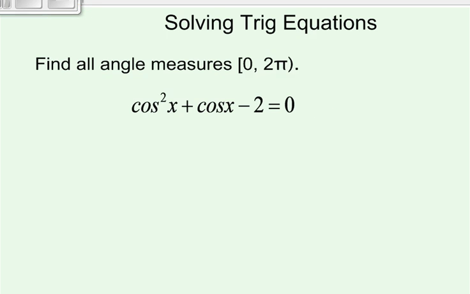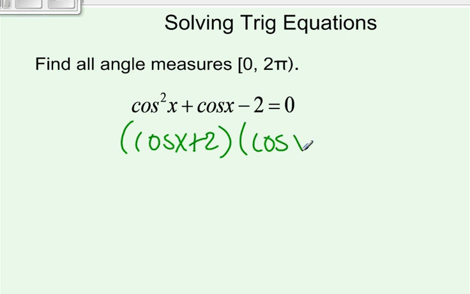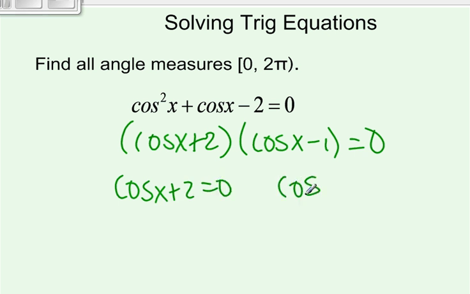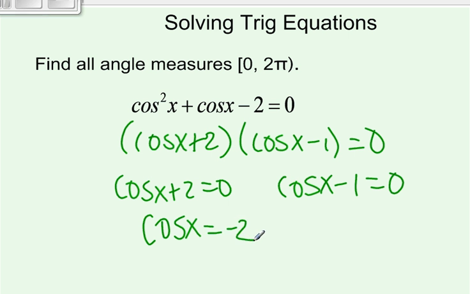All right, the last one here, again, you still have to factor, and when you factor, you're going to get cosine of x plus 2 and cosine of x minus 1. Okay, so cosine of x plus 2 equals 0, cosine of x minus 1 equals 0. And here we're going to get cosine of x equals negative 2. Now, is 2 in the range of cosine?